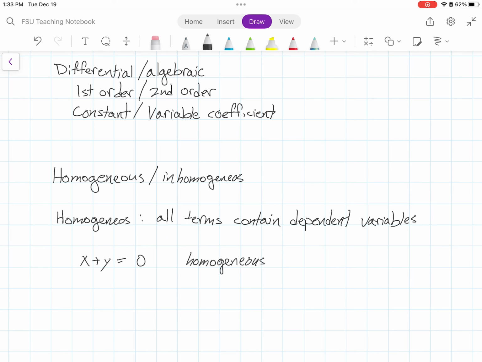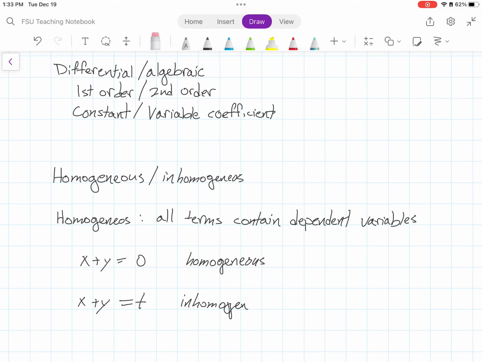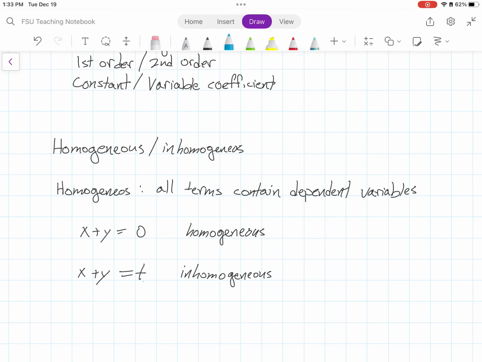It's a difficult example to start with. On the other hand, if we said x plus y equals t, this is also an algebraic equation, but this is inhomogeneous. This term right here, the t, is just an independent variable. There are no dependent variables in this term.